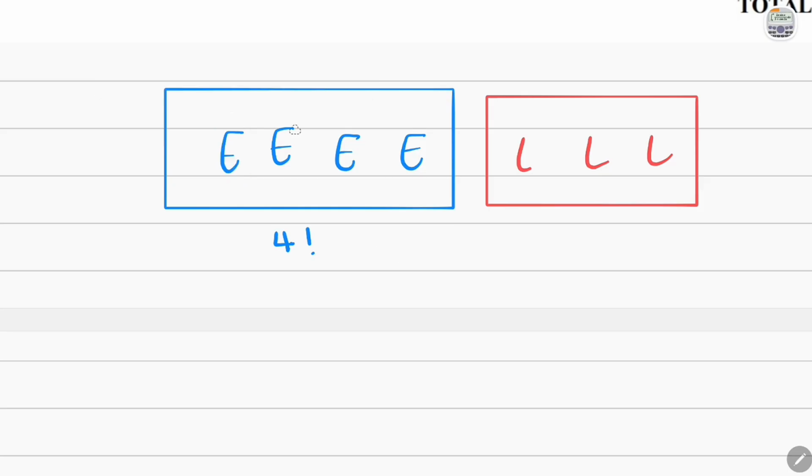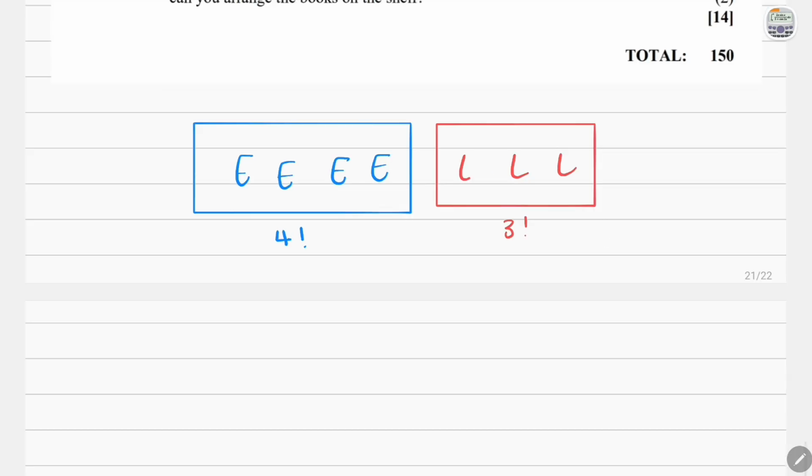Okay, and then once placed down, then the second book would have how many different options? That's 1, 2, 3. And then once placed down, the third book has 1, 2, and once placed down, the last book just has 1. So that's why it's 4 factorial. 4 times 3 times 2 times 1. And likewise with this, that would also work like that. Okay, first book has 3 different positions, and then 2 different, and then 1. So that's 3 factorial.